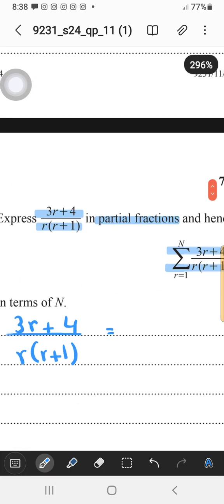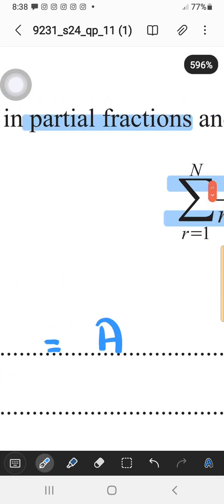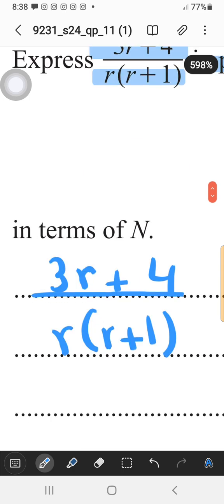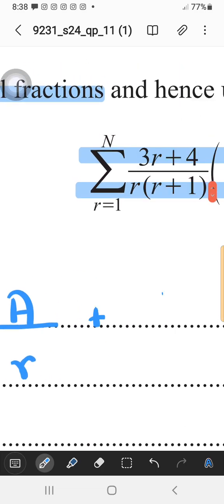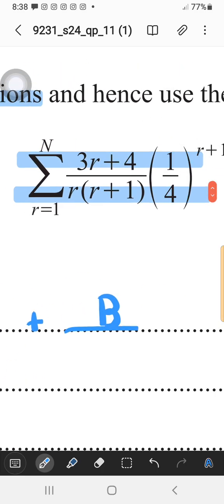We have to do partial fraction. We will write it as, since the denominator is linear, a upon r plus b upon r plus 1.